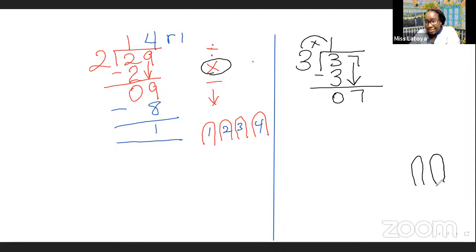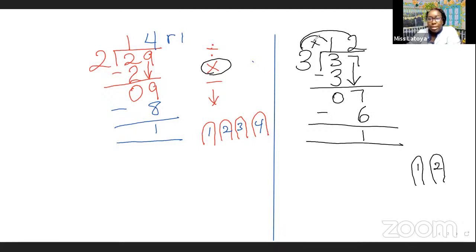3, 6. How many fingers do we have up? 2. So we put 2 up here. Now we are going to multiply. 3 2s are 6. Now I am going to subtract. 7 take away 6 is 1.